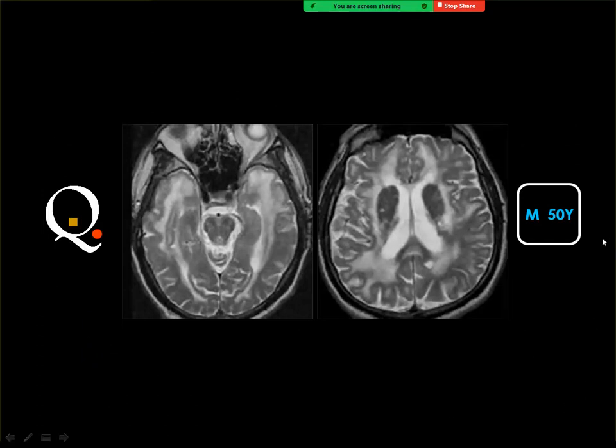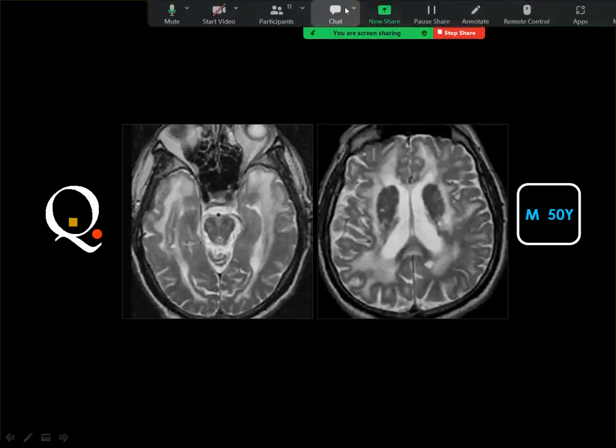This patient is 50 years old with extensive changes in the white matter.